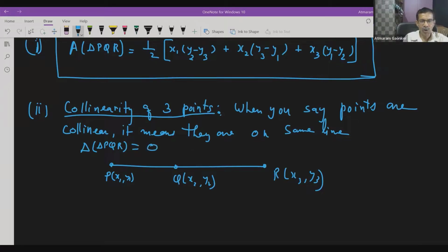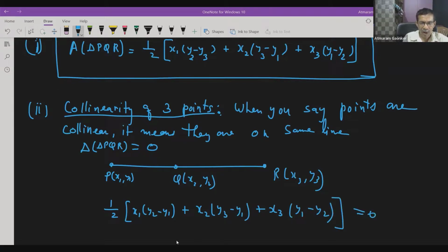equal to 0. In that case, we can write this as half into x1 into y2 minus y3 plus x2 into y3 minus y1 plus x3 into y1 minus y2. This is equal to 0, because many times something or the other you have to find out.